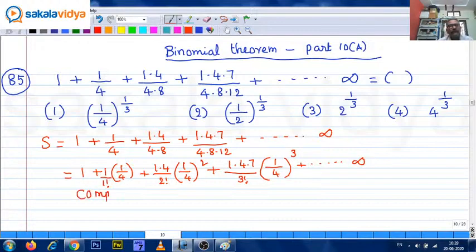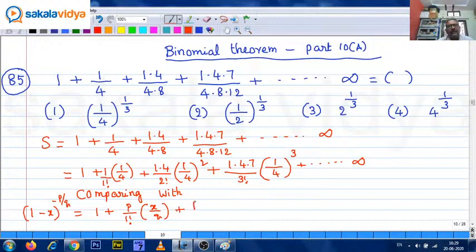Comparing with 1 minus x raised to minus p by q, this equals 1 plus p upon 1 factorial of x by q, plus p times p plus q upon 2 factorial of x by q whole square, and so on to infinity.